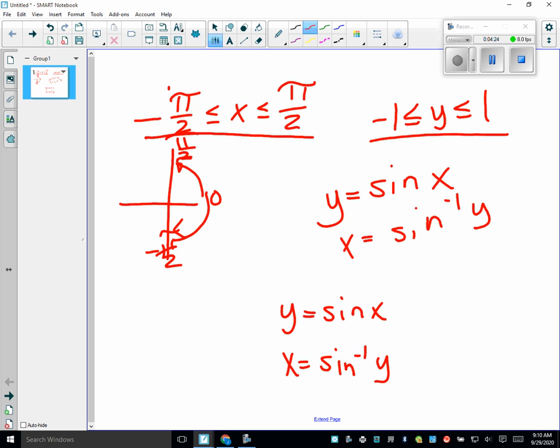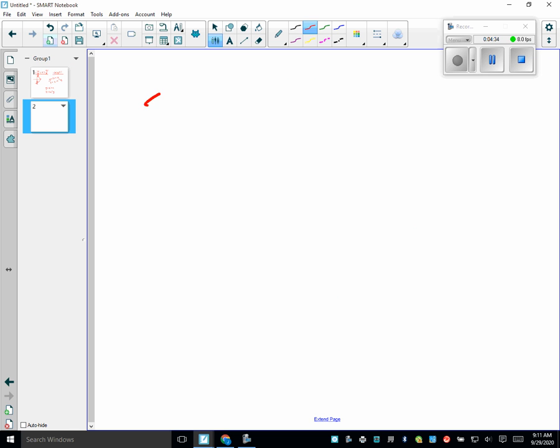So let's do one and see if maybe it makes more sense. This is the problem that I give you. What that says is, for some angle, the sine of it is 1/2.